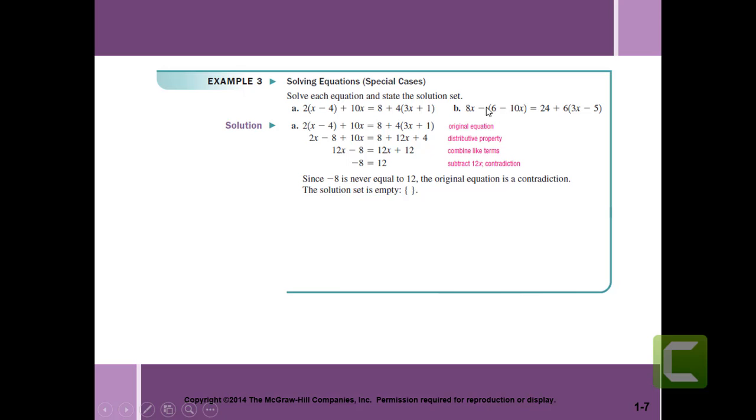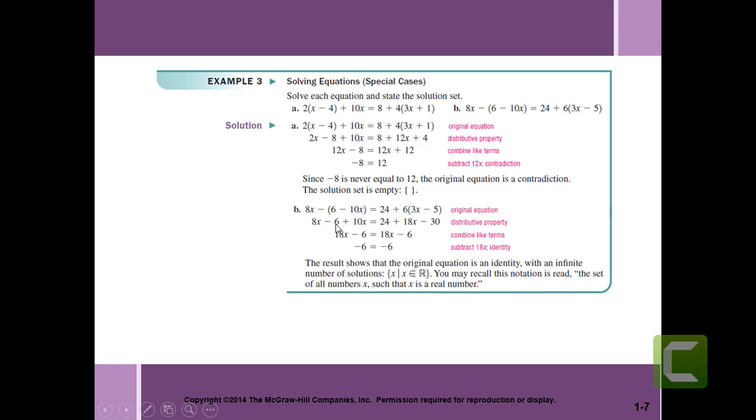So whichever way makes sense to you, just realize that you have to distribute this subtraction sign across both of these. So what you're going to end up with is minus 6 plus 10x. And then you're going to do something similar here. You're going to distribute the 6, so this will become 18x minus 30. Okay.